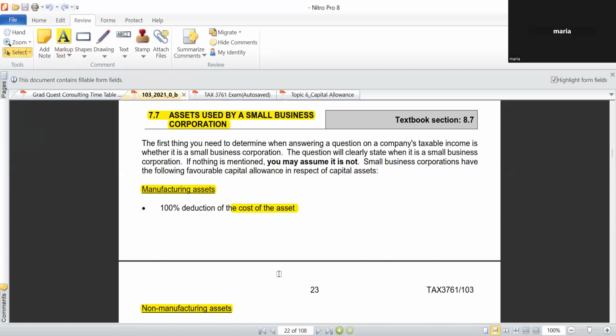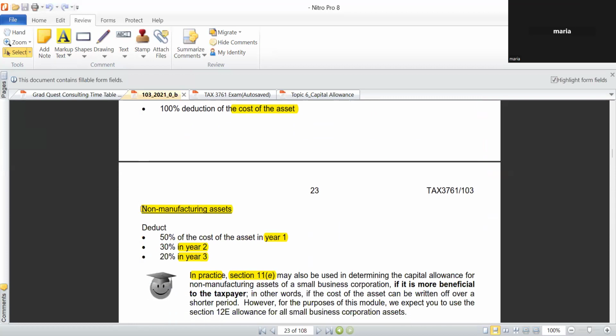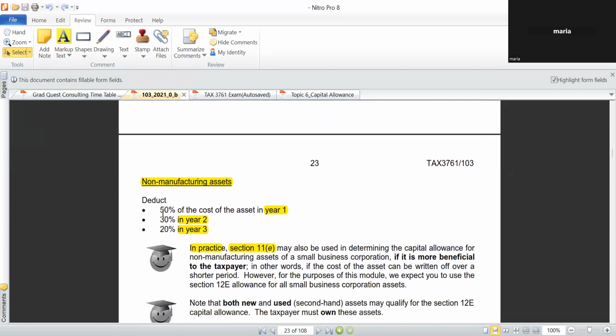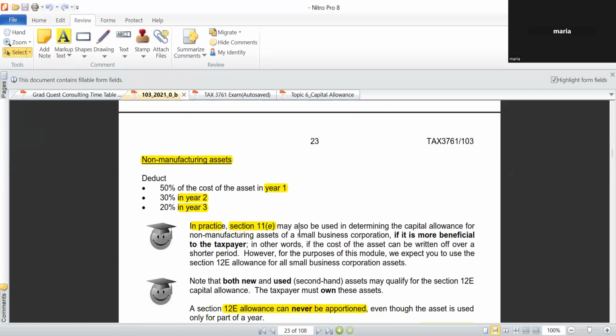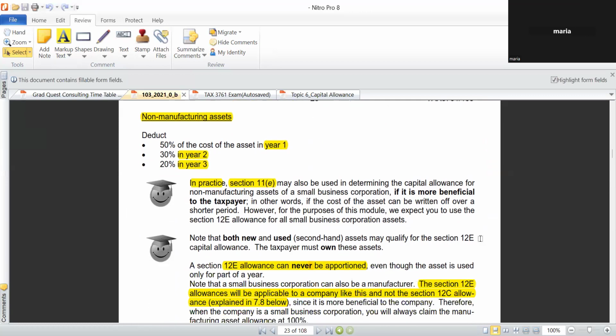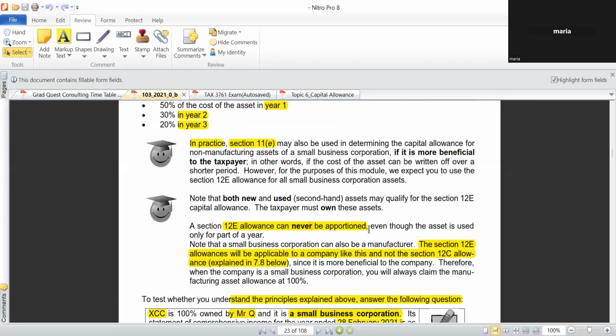Then with non-manufacturing assets, SARS would allow you to deduct 50% of the purchase price in year 1, followed by 30% in year 2, and then 20% in year 3. So those were Section 12E provisions.